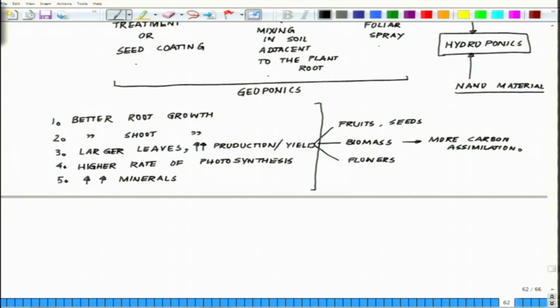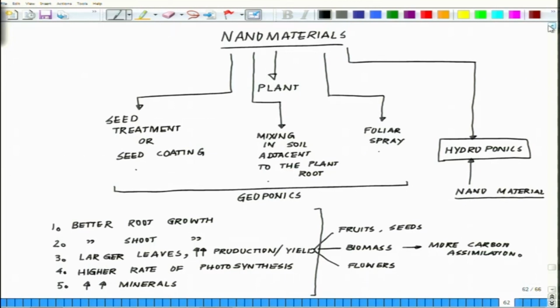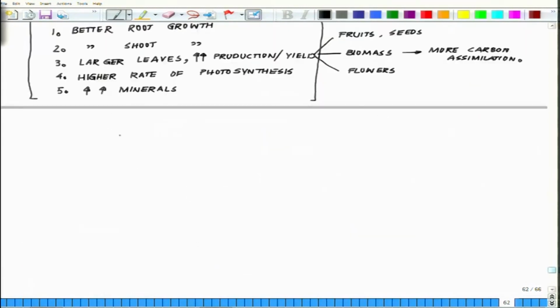If I had to summarize, this is the summary sheet which will tell these are the effects or the benefits we are obtaining from the nanomaterials, and in some of these cases what we have observed is nanomaterials are helping, at a very low concentration, in reducing NPK requirements.